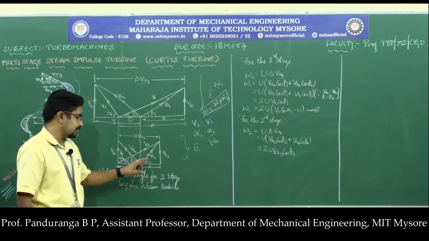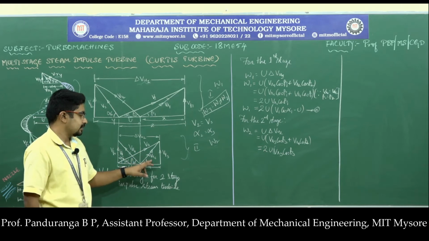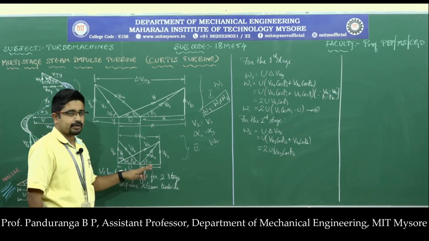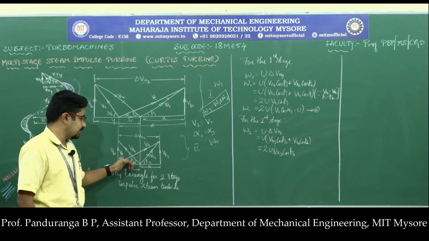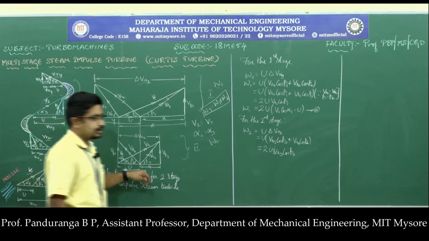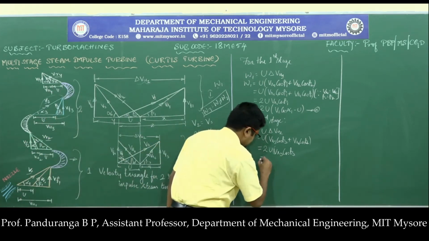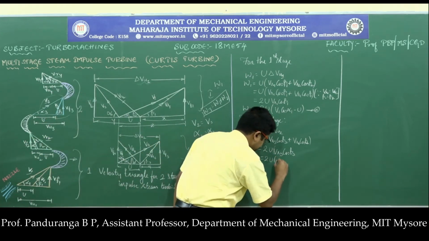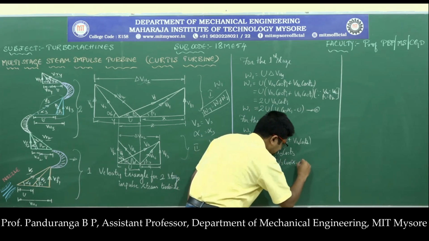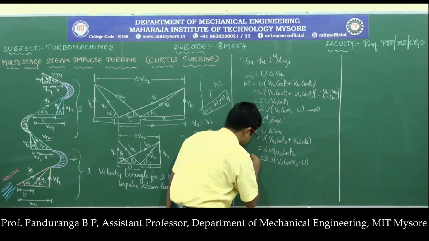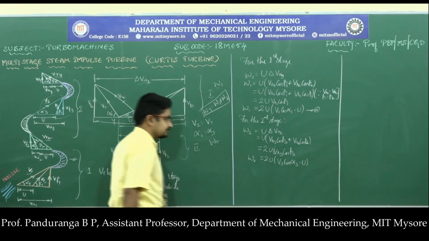VR3 cos beta 3 will be equal to the horizontal component of V3, that is V3 cos alpha 3 minus U. So I will write it here: 2 into U into (V3 cos alpha 3 minus U), that is W2.